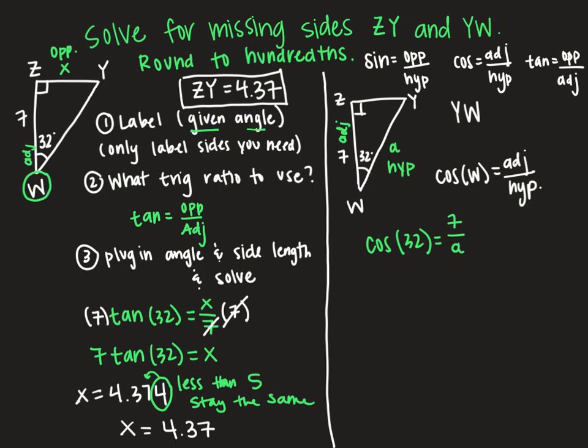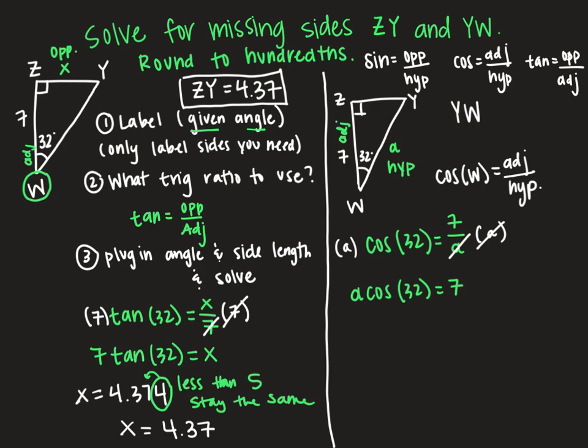In this problem, we want to get a by itself. In order to do that, we're going to first multiply by a on both sides. The a's on the right-hand side will cancel each other out, leaving me with a times cosine of 32 equals 7. I still don't have a by itself.